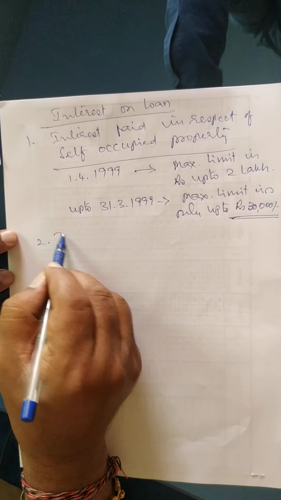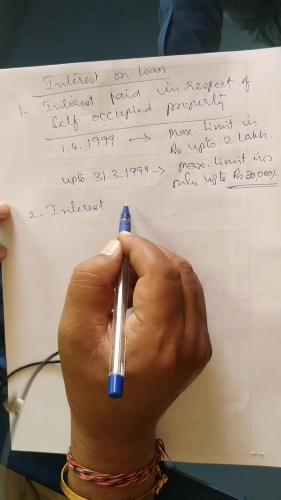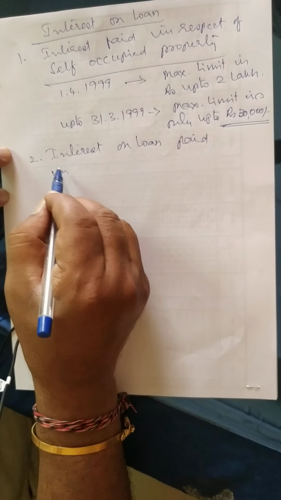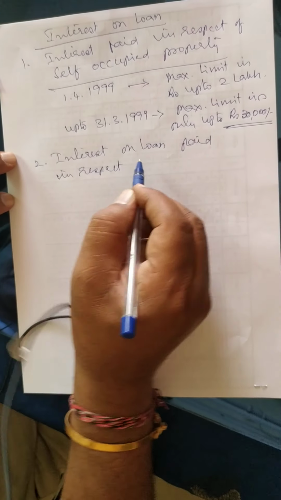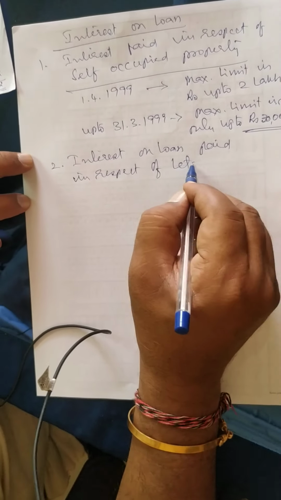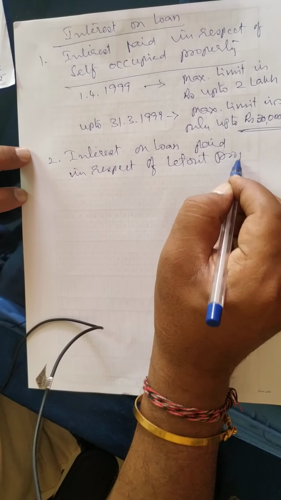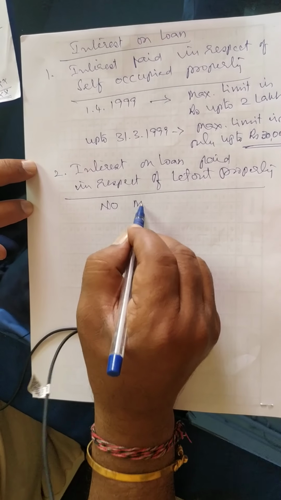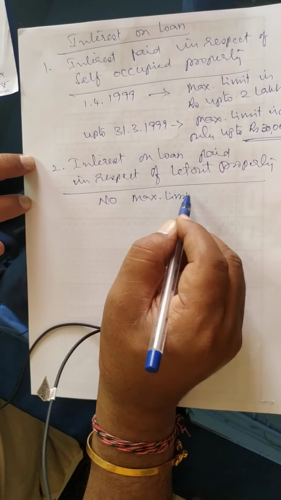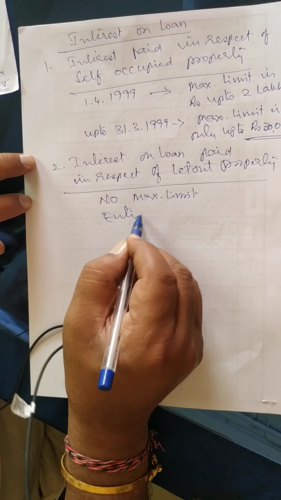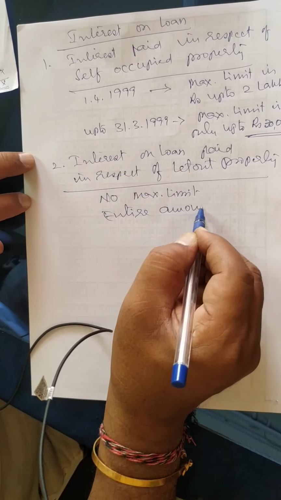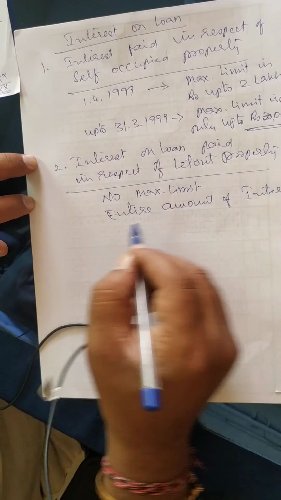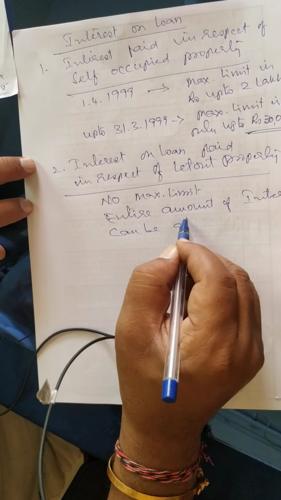But whereas in case of interest on loan paid in respect of let out property, there is no maximum limit. Entire amount of interest can be allowed as a deduction.